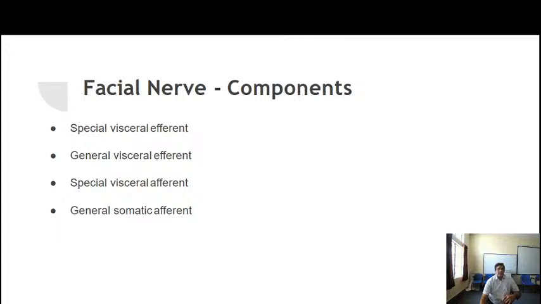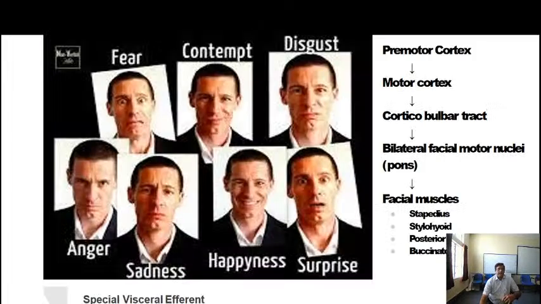So we'll go into these, and as I told you, the most important, because this is the one which makes life dramatic. Without talking, you can express all your feelings, and this is the general or special visceral efferent.